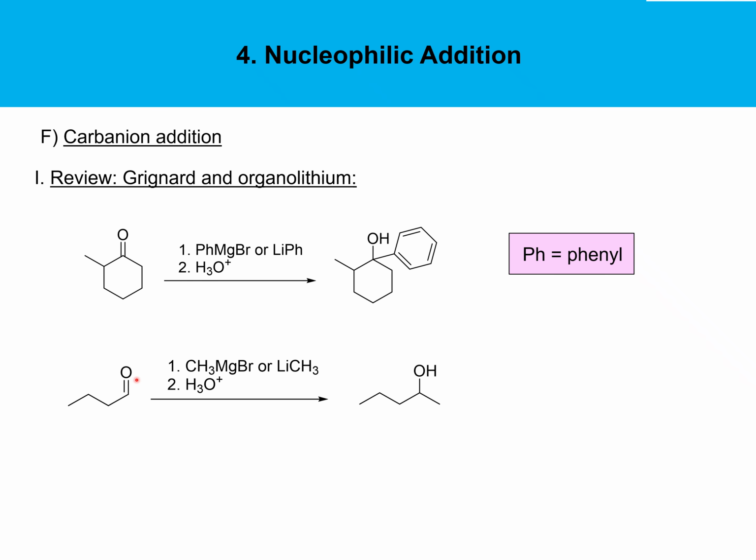With aldehydes, when we react with Grignards and organolithiums, we'll transfer the alkyl group to the aldehyde carbon. So in this example, the CH3 group shown here will add to this carbon and turn that carbon into a secondary carbon, and the product will be a secondary alcohol.